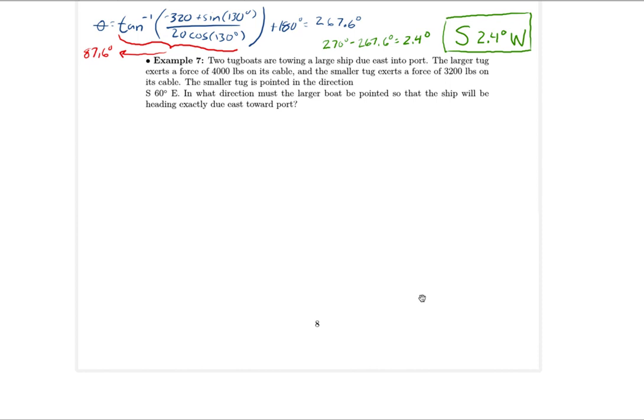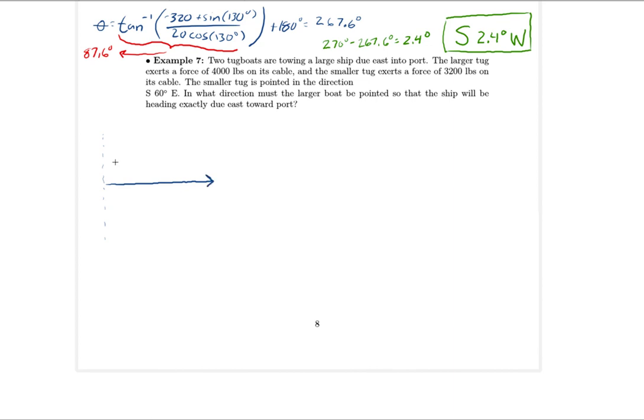All right, so in this picture, what we want to do is we kind of want to draw not only the vectors that they're referring to here, but also the one that they're wanting, right? So I'm going to think of it like this. So here's my kind of an imaginary north-south line. I know that what I want is a vector that goes directly due to the east.